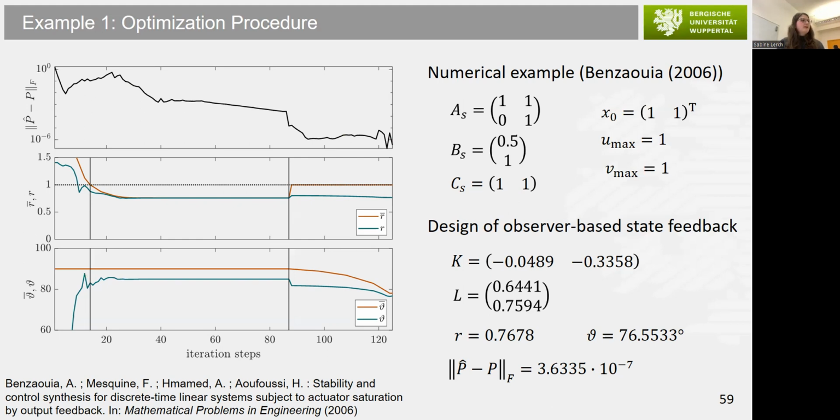So the upper bound is always 90 degrees. And after that, we don't delimit the radius. So it's 1. It has to be stable, but it doesn't have to be optimized. And after that, then we optimize the damping angle. And the algorithm stops at some point when we cannot reduce this damping angle anymore.